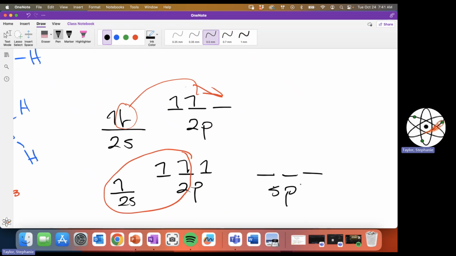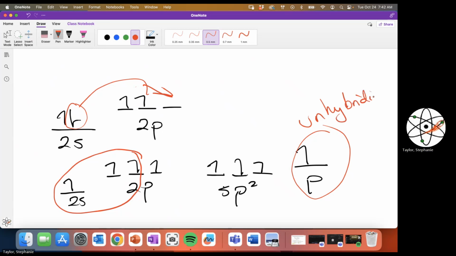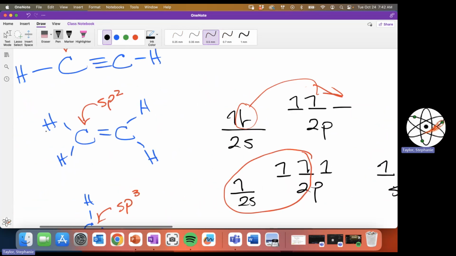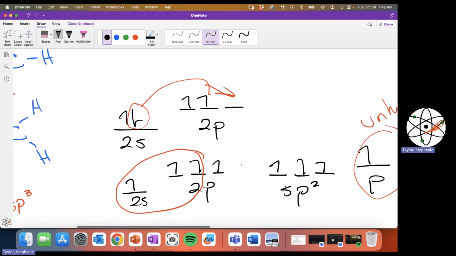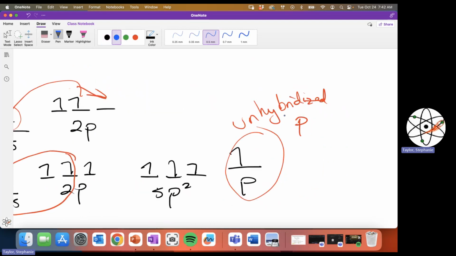So this then becomes sp2 hybridized, and we still have one unhybridized p orbital left over. So when we're thinking about a double bond and we need an sp2 hybridization for the carbon, we can absolutely do that. And this unhybridized p orbital is what's going to allow us to form the pi bond.